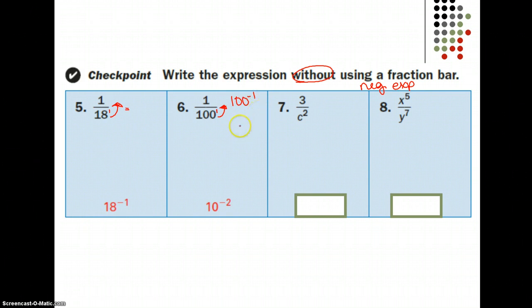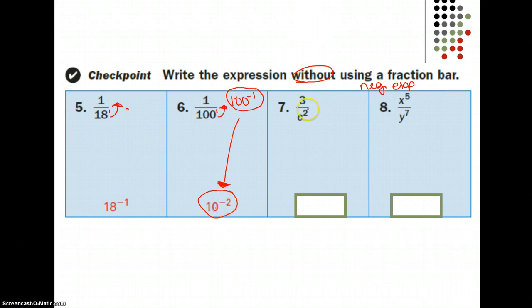Because 100 is a power of 10, you can actually make it 10 to the negative second power, because 10 to the negative second power is 100 to the negative first. I would accept either answer though. Again, if you're not sure why this is 100, think about the fact that the exponent is telling you how many zeros it's going to have. So there are 2 zeros.